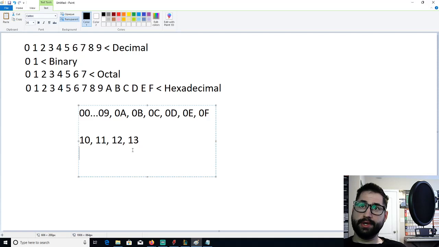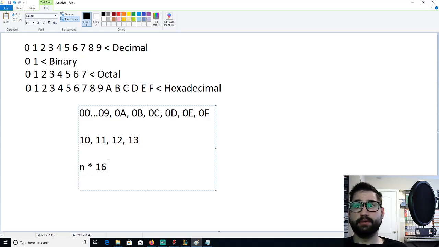And all we're doing is we look at this first digit here. We are now going to take whatever's in this first column and multiply it by 16. And we're going to take whatever is in the second column, which is still 1, and multiply it by 1. It's still a 1 value, right? So whatever's in the first column, we times it by 16, then we take the next column and times it by 1, and then we add them together, and that's going to give us our output.